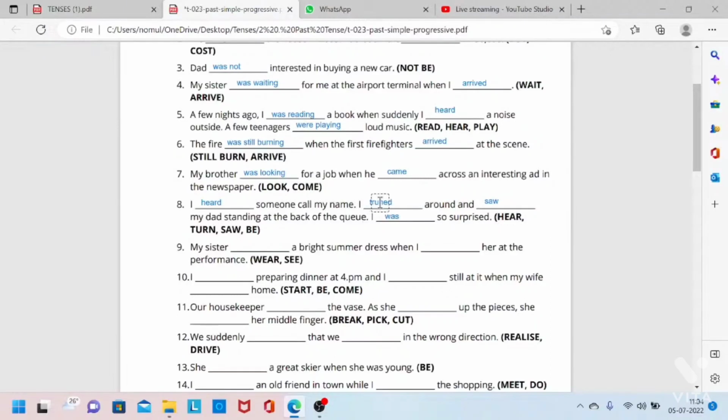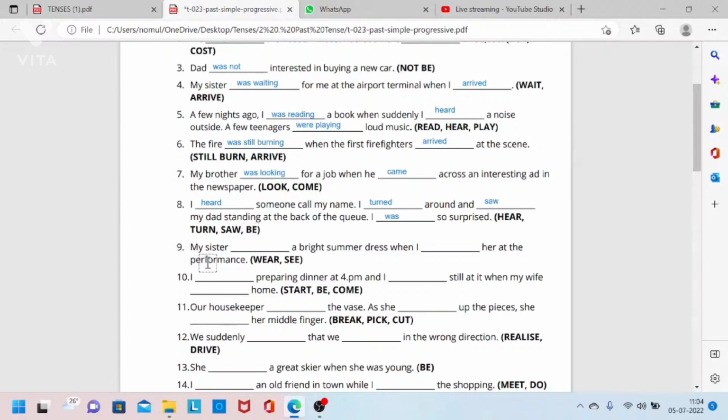I turned. Okay, this is wrongly spelled. Turned. Okay. Oh, again I am mistaken. Turned. Okay. Yeah. So I heard someone call my name. I turned around and I saw my dad standing at the back of a queue. I was so surprised. So this is the 8th we have completed.